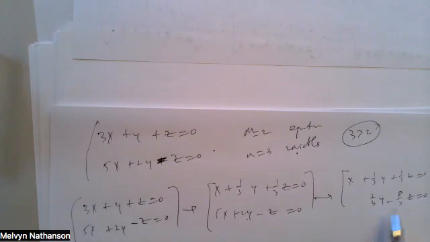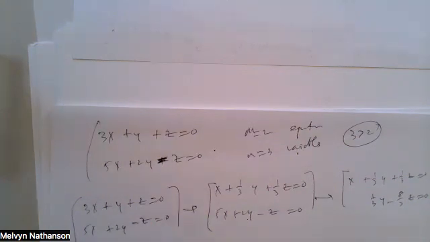Now I want to make the coefficient of y in the second equation a 1. So I multiply the second equation by 3. So my first equation is still x plus 1/3 y plus 1/3 z equals 0. Multiplied by 3, I get y minus 8z equals 0. Then I want to eliminate the y from the first equation. So my second equation is good the way it is, y minus 8z equals 0.